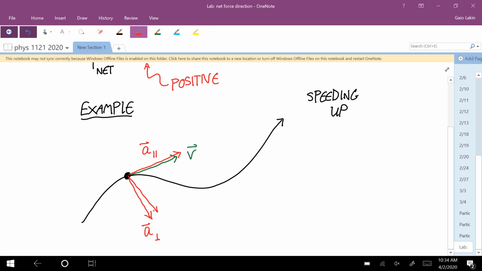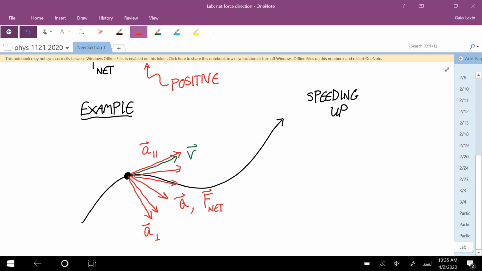And so that tells us that the total acceleration is somewhere in this range. Okay, so the total acceleration is that way, somewhere in that quadrant. And because of that, we know that the net force is acting somewhere in that range of directions.